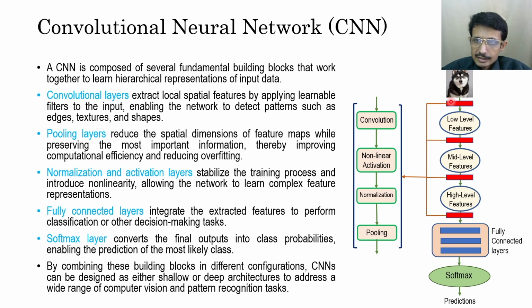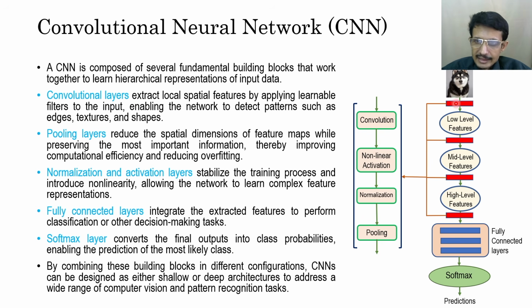After these modules, when all these low, mid and high level features are extracted, they are connected to the fully connected layers. Fully connected layers integrate the extracted features to perform classification or decision making tasks. And then these values come to the softmax layer, which gives the final output as class probabilities, enabling the prediction of the most likely class.